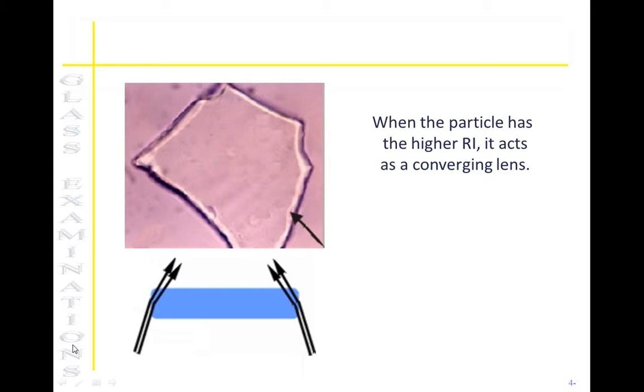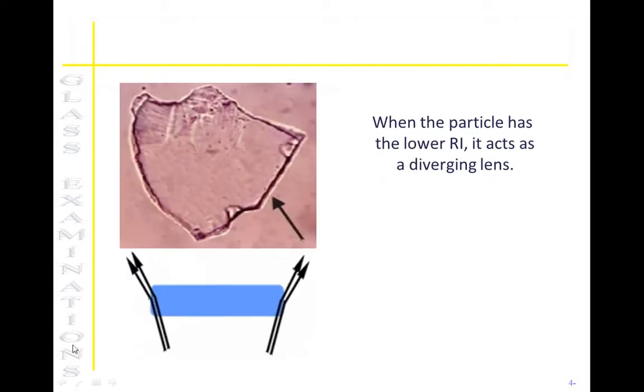If the particle has the higher refractive index, it's going to act as a converging lens, and as you increase the focal distance, that halo or the Becke line is going to move inside the edge of the particle. Likewise, if the particle has a lower refractive index, the particle is acting as a diverging lens, and that halo is going to move outside of the particle.